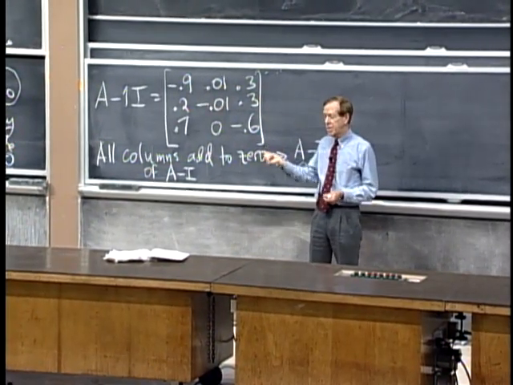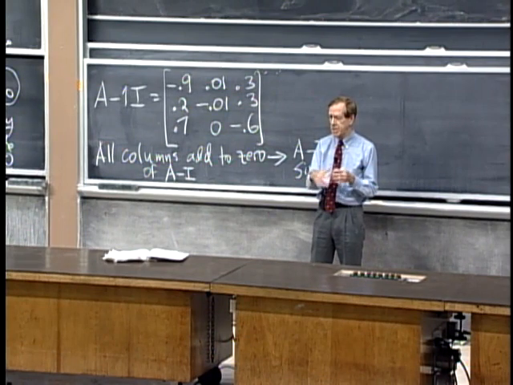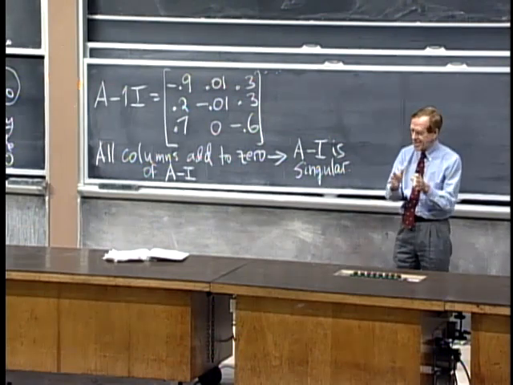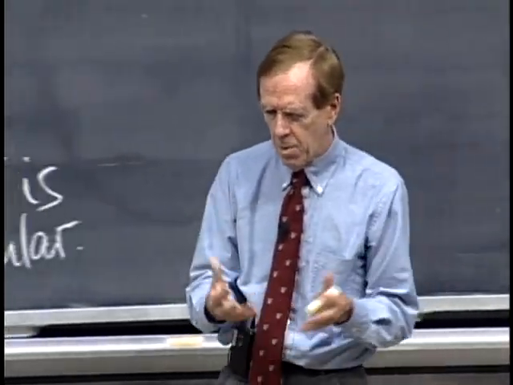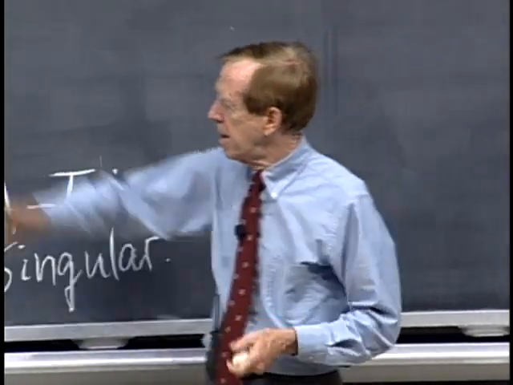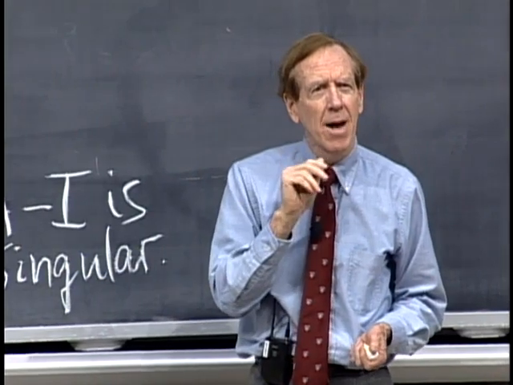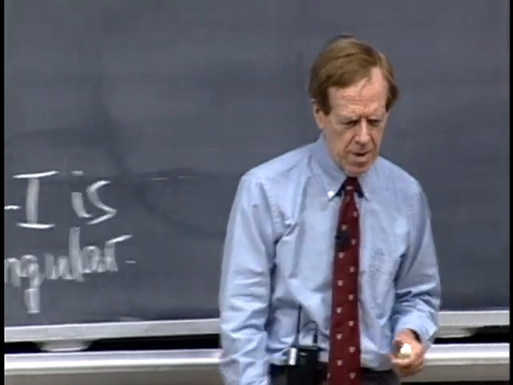The determinant will be 0 when those 3 columns are dependent. You see, we're at a point in this course now where we have several ways to look at an idea. We can take the determinant. Here we don't want to. But we met singular before. Those columns are dependent. So how do I see that those columns are dependent? They all add to 0.